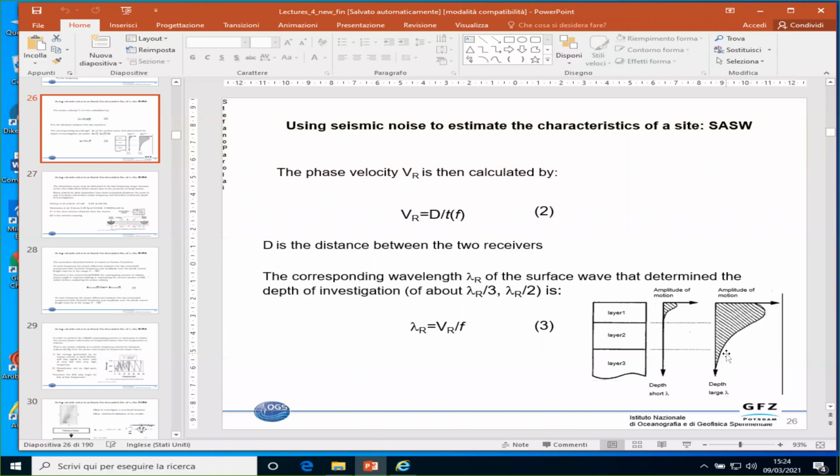And that's why low frequencies are faster than high frequencies. Okay, I'm talking about the fundamental mode, more or less. It's just an approximation, intuitive. It's clear?